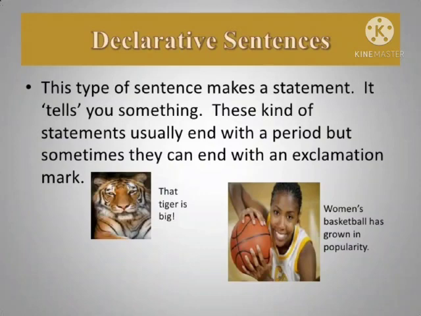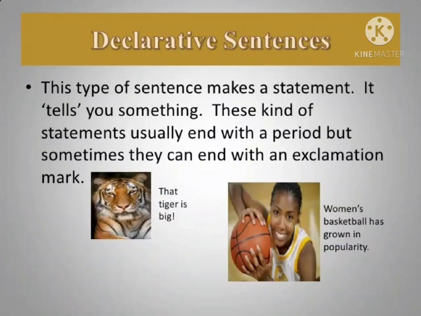We can also use a sign of exclamation in declarative sentences when we are pointing out something. Here we are demonstrating that the tiger is big, so that's why we use the sign of exclamation. Otherwise, mostly statement-based sentences, declarative sentences, end with the full stop.